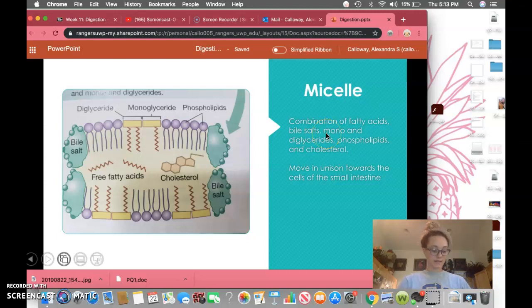And what they do is they kind of travel in unison toward the enterocyte, which is the cell type in the small intestine that continues the fat digestion. So the micellase then enters, so it travels toward the cell in this condensed kind of sphere.